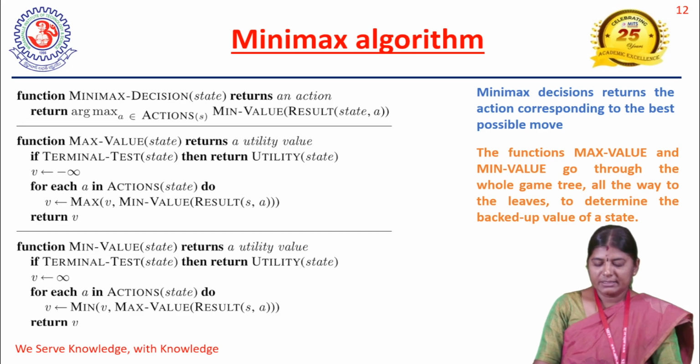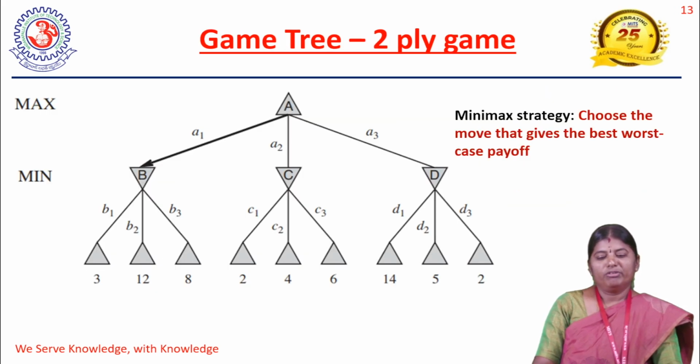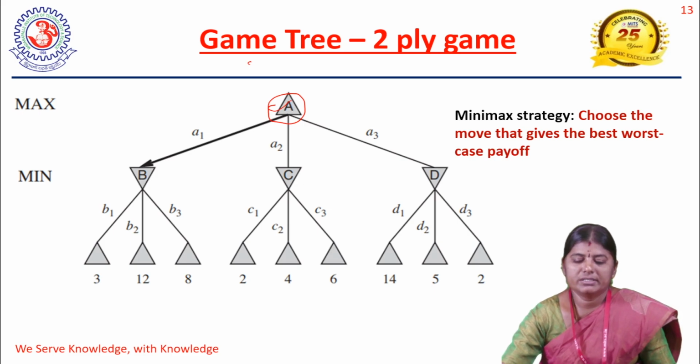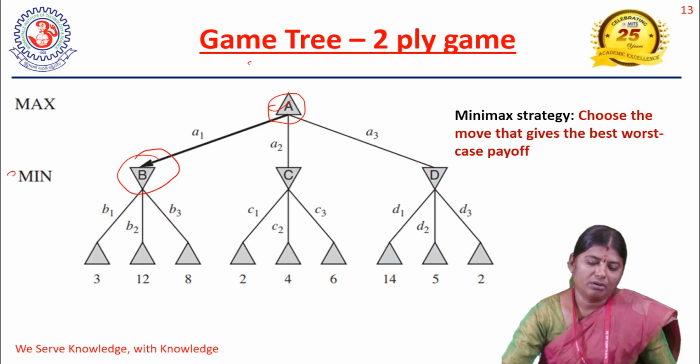Let us consider the reduced form of the minimax algorithm. The same thing. Here two different types of triangles are used. Upward triangles are said to be the max player, that is, triangles facing upward, and triangles facing downward are said to be the min player.